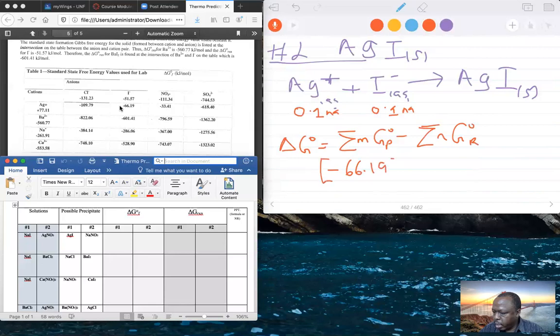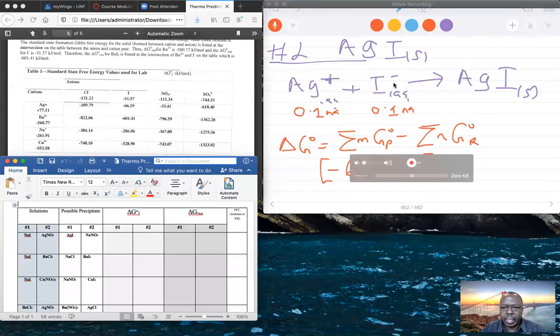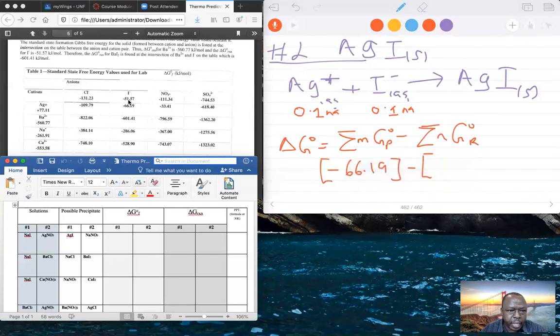This is the product minus the reactant side. Iodide alone is negative 51.57. All right, plus, in its summation, for silver ion, it is positive 77.11.